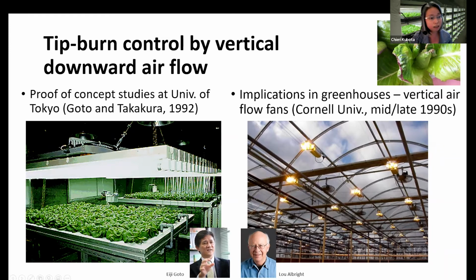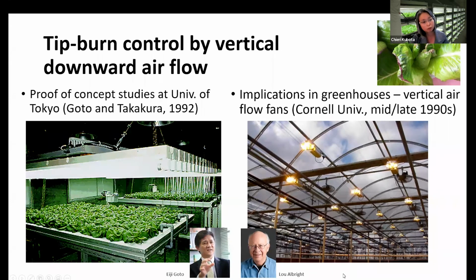He successfully showed that tip burn incidence was reduced or almost eliminated by having that targeted airflow around the shoot tip. Airflow reduced the boundary layer, increasing transpiration around that shoot tip.